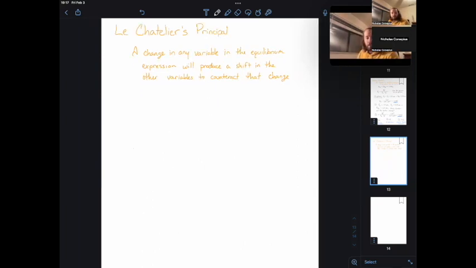All right, so then let's just take a look at another sample reaction here. So let's do CH4. Okay, so what happens if I increase the concentration of O2?